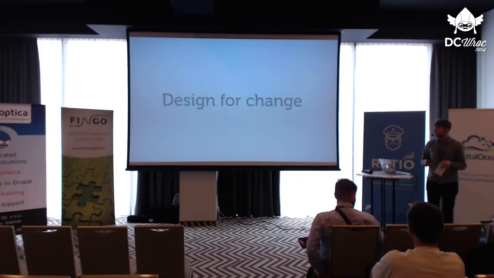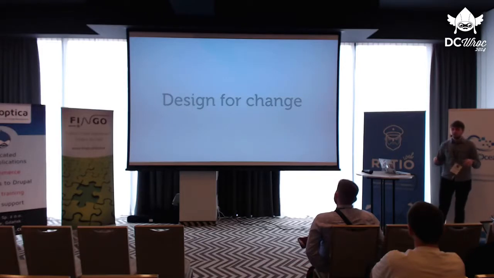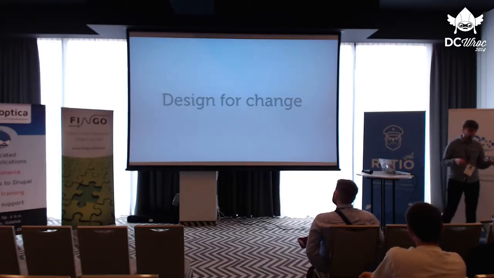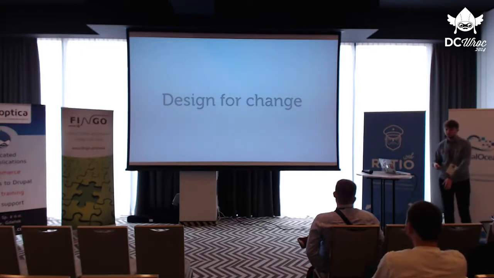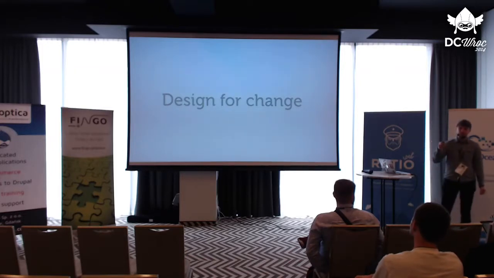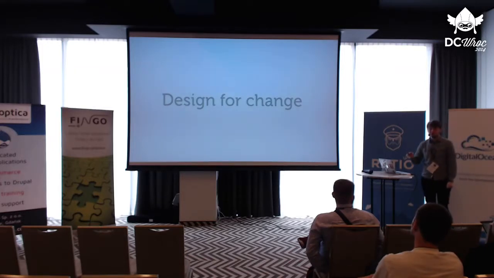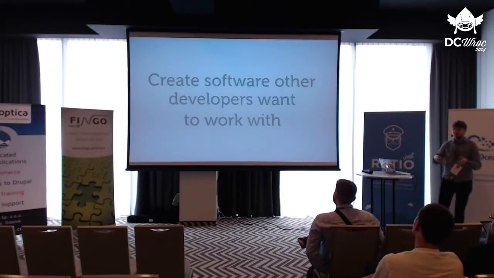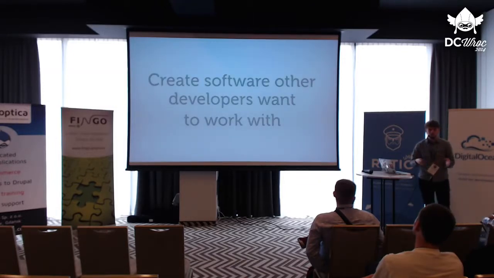And what is important, we are designing for change. The only thing that we can be sure about is that our software will change in the future. And if you are not going to design your thing to change in the future, you will be stuck with spaghetti code, and eventually you will leave the company, and some other developers will be annoyed about it because you did something wrong. So think about your software as a thing that will change, and make your software a thing that other developers want to work with.